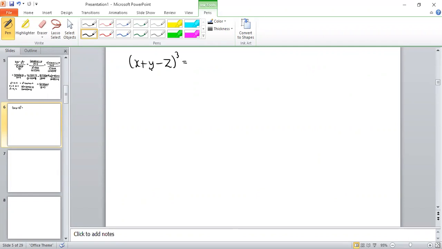So now binomial means these two terms need to be put in two terms. The first term will be x, as a single term, then y minus z as another single term, then raised to the power 3.